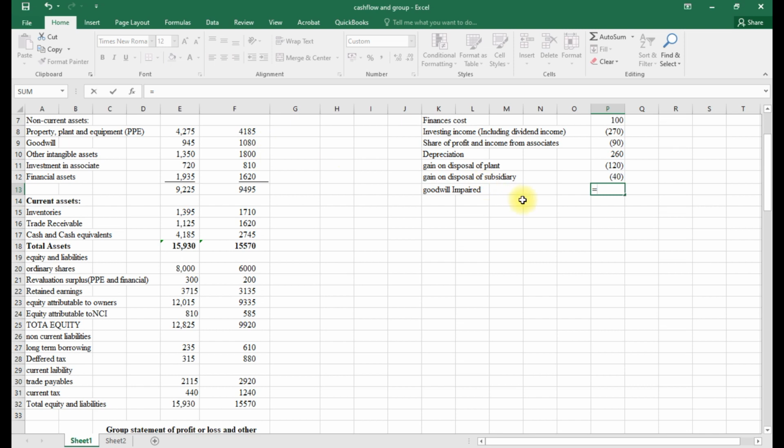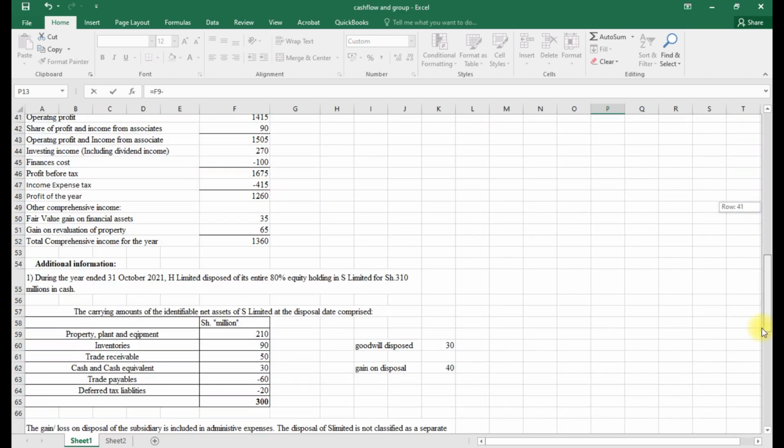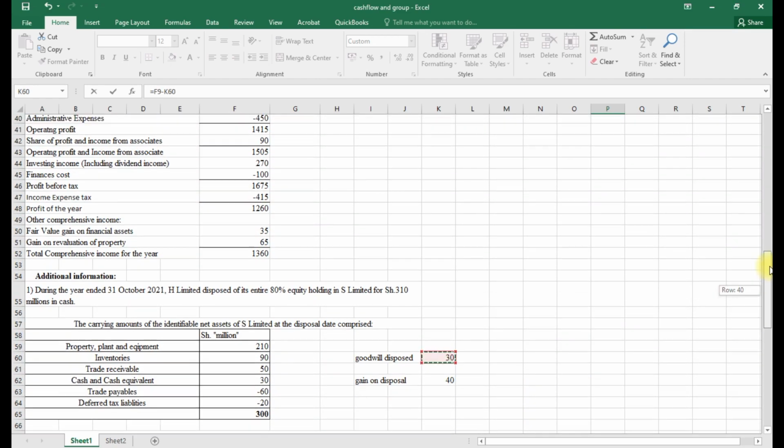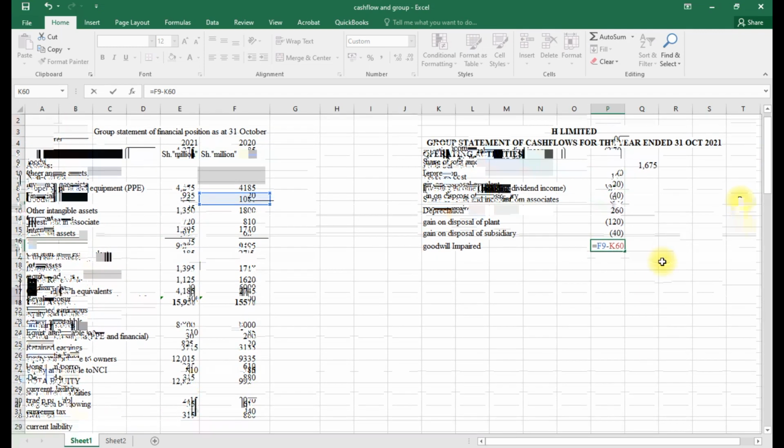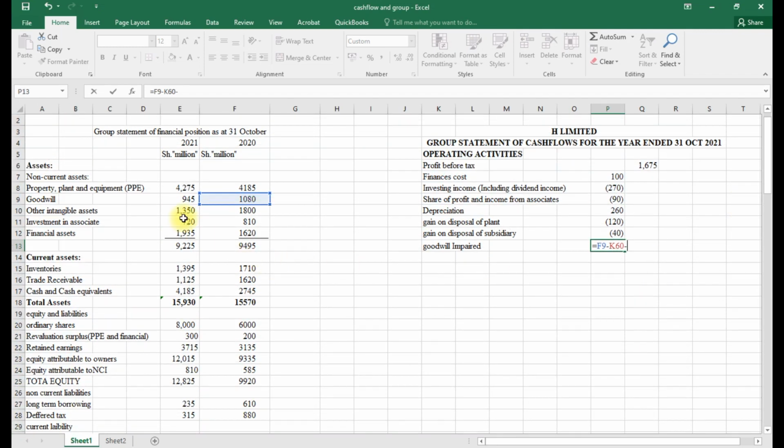So the proportion that was impaired will be equal to this value. We minus 30, the one that we disposed, and we minus the value at the end of 945. We get here a goodwill impaired of 105.